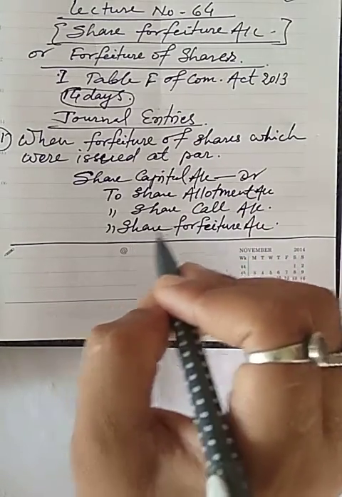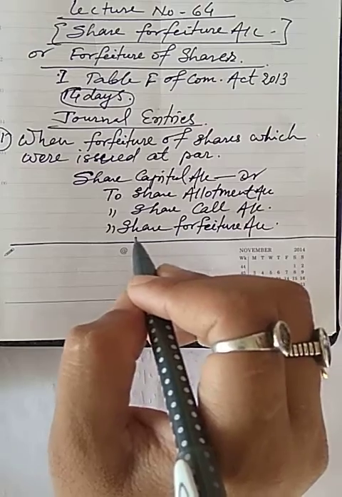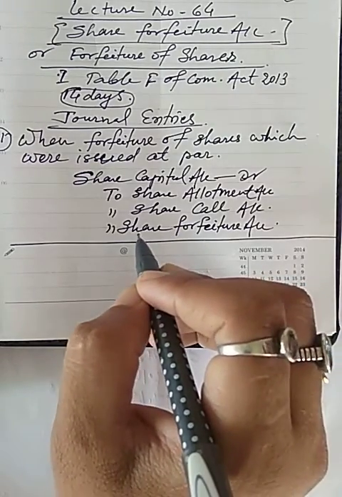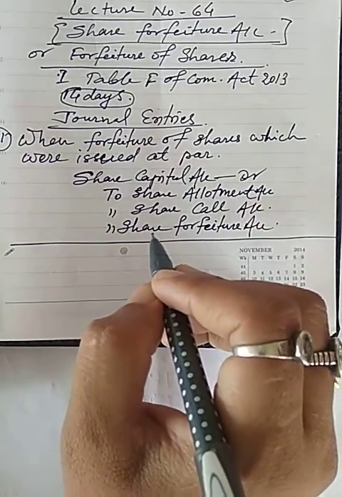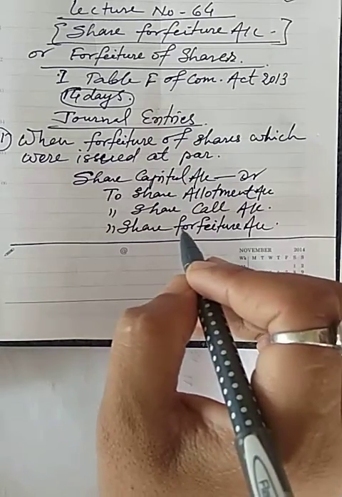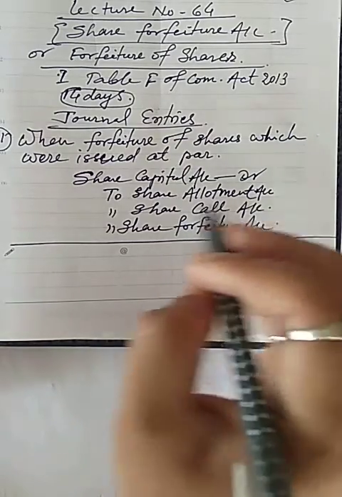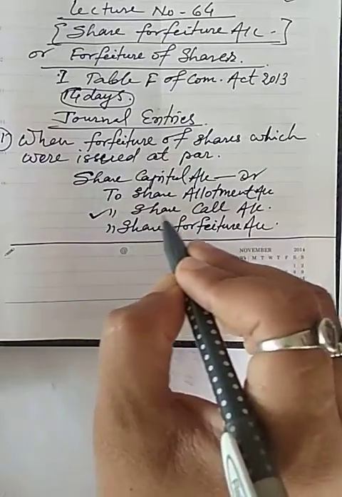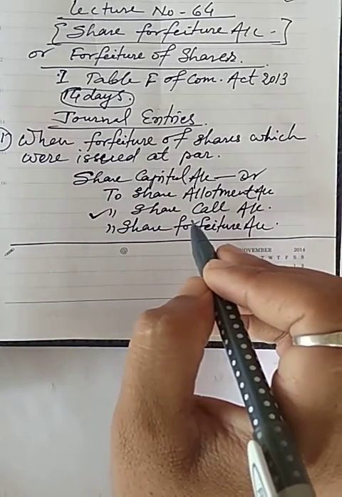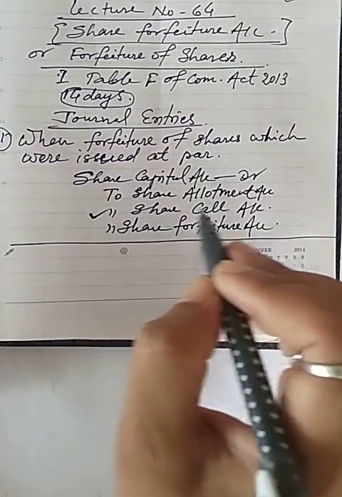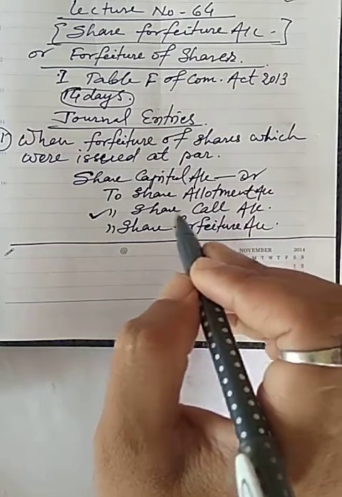In case a calls in arrear account is maintained by a company, calls in arrear account would be credited in place of share call account or allotment account.